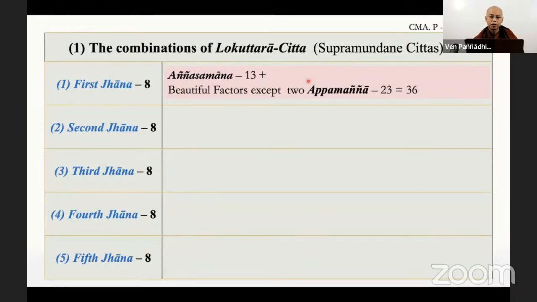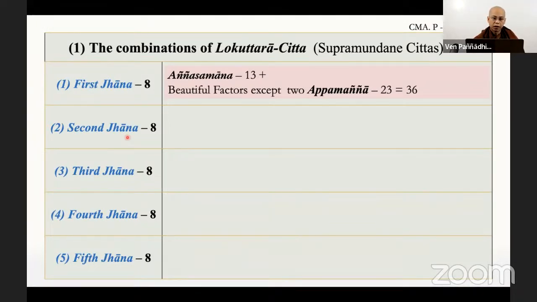So if you remember why this becomes an exception, you will not forget. And also, you can count without keeping this number in your mind. Here, the first, second, third, fourth, and fifth jhana, Lokuttara Citta is divided into 5 groups, because we talk about the combination method in relation to the large enumeration of the Lokuttara Citta.